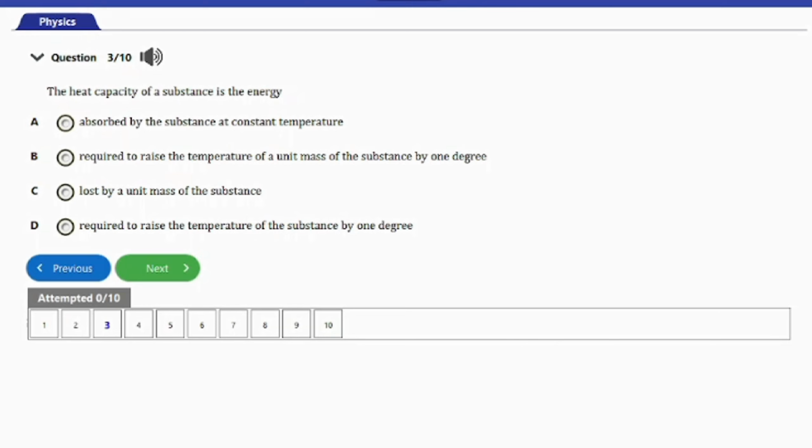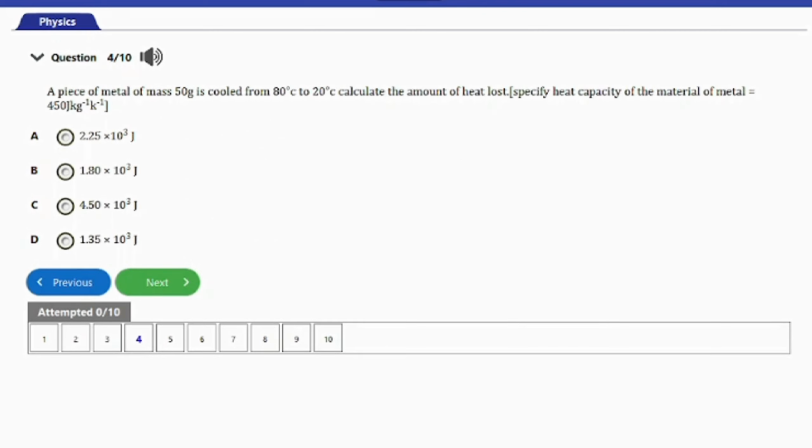So guys, the answer to this question here is option D. The heat capacity of a substance is the energy required to raise the temperature of the substance by 1 degree. And that's it for this question. So let's go ahead and consider the next question, guys. So guys, we have here question number 4.